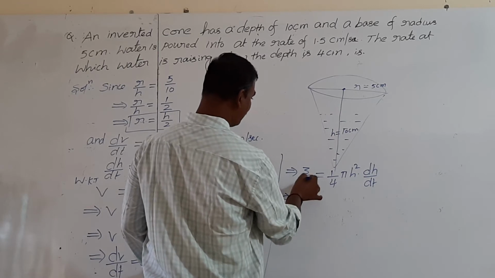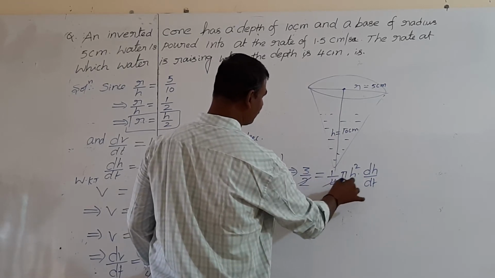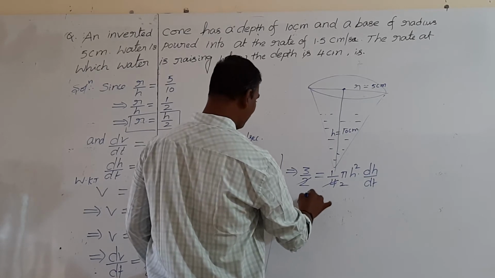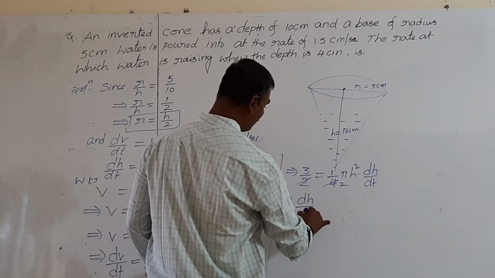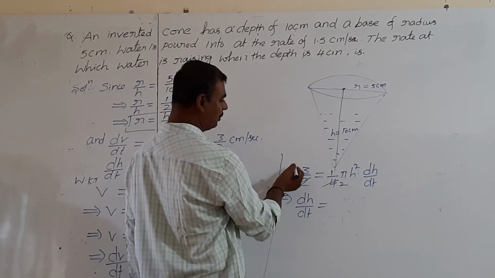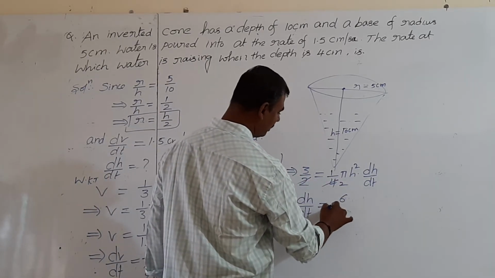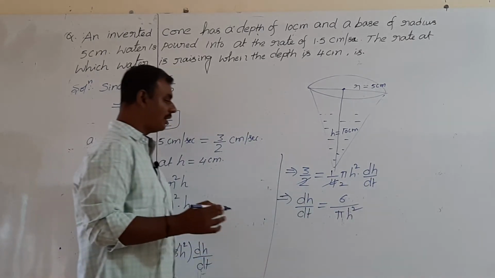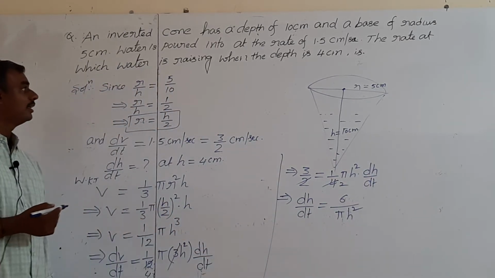From this, 2 goes into 4 two times. By cross multiplication, dH by dt is equal to 6 divided by pi h square. This is the rate of height increase.